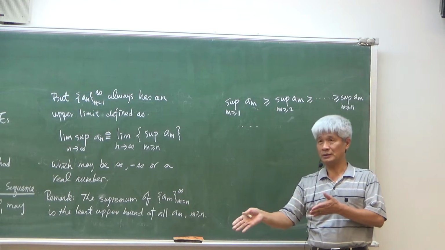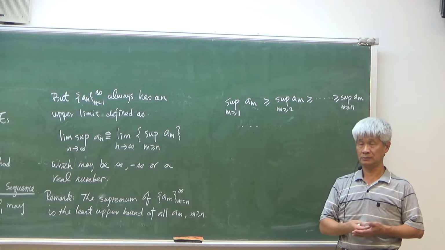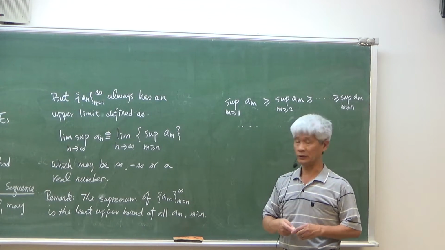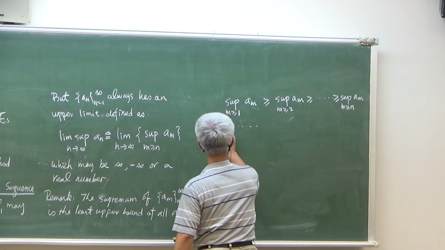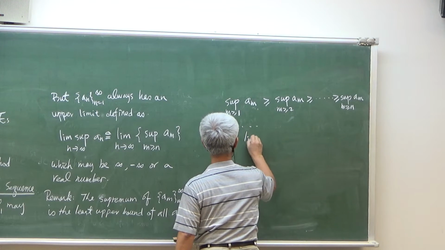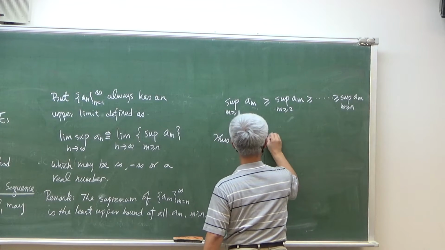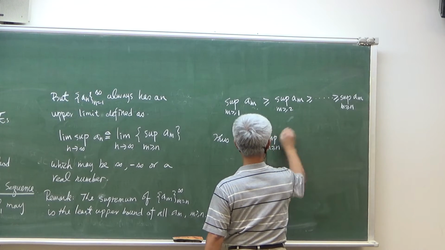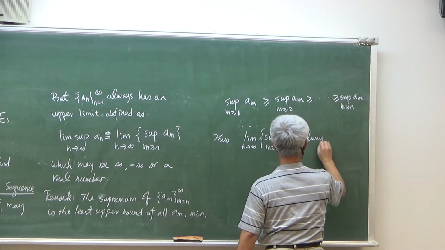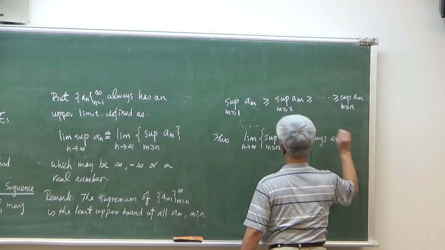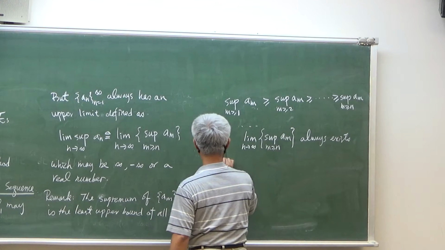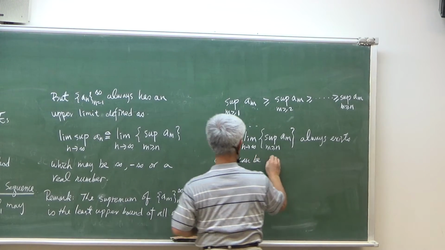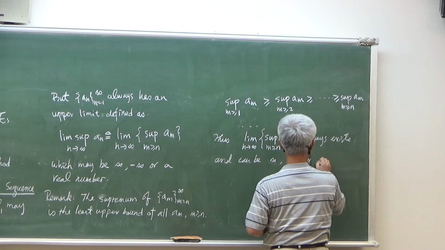Any decreasing sequence has a limit. And the limit can be minus infinity, of course. So that limit always exists, and it can be infinity, minus infinity, or any real number.